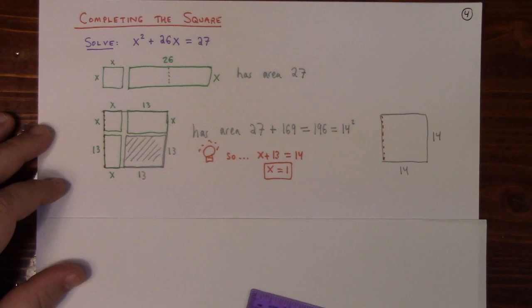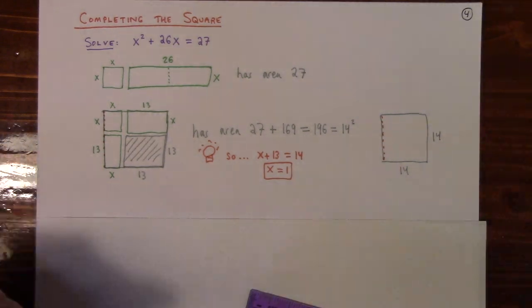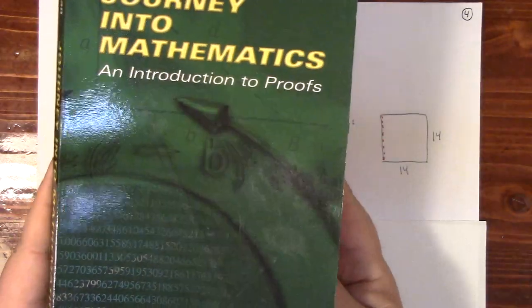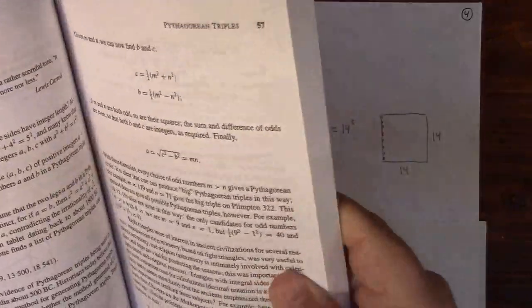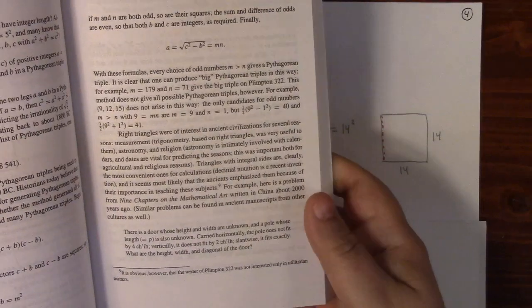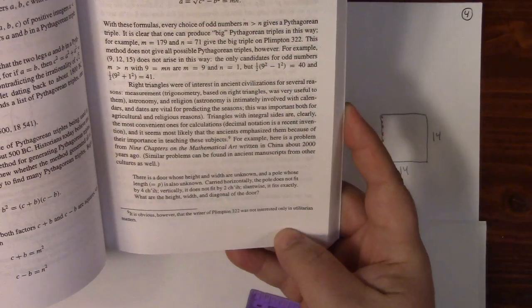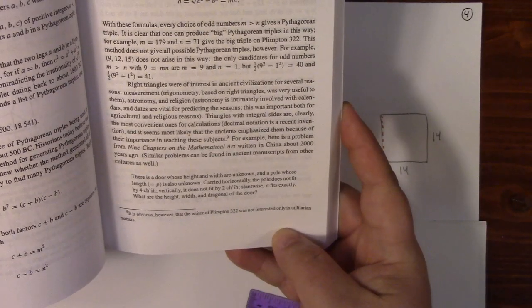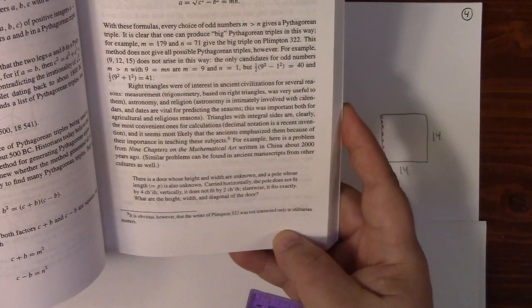Now, the other thing to keep in mind in terms of ancient mathematicians is that the notation we're using is relatively modern. So here's a quote from Journey into Mathematics, Introduction to Proofs by Joseph Rotman. Rotman's writings are really wonderful. Here's the quote on page 57. Here's a problem from the Nine Chapters on the Mathematical Art, written in China about 2,000 years ago.